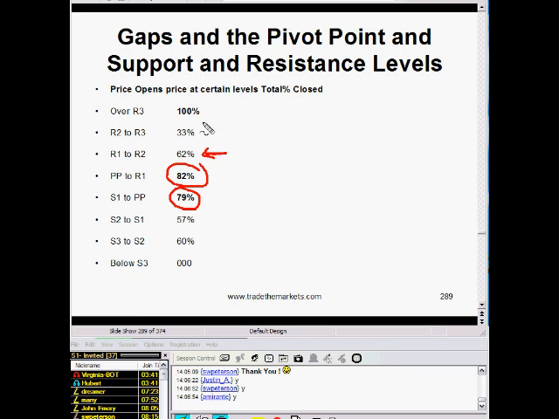Alright? Does everybody understand this? Does anybody have any questions? Does anybody have any questions on gaps, on pivots, support and resistance levels? This is boring stuff, but it's the statistics.